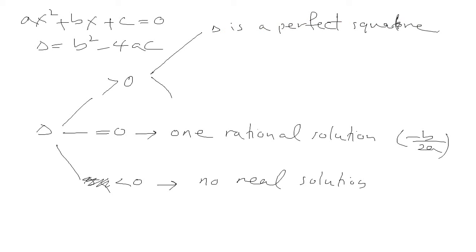A perfect square is something like 1, 4, 9, 16, 25, 36, and so on. These are perfect squares. Or delta is positive, but it is not a perfect square.